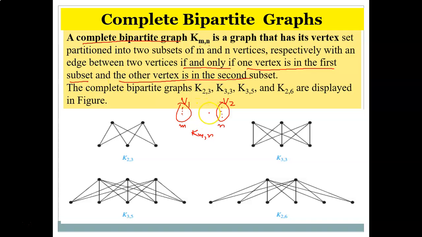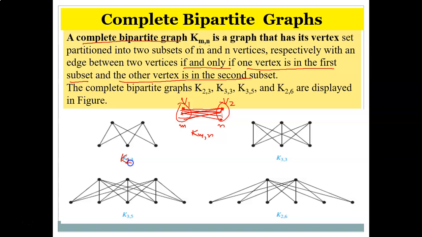In fact, in complete bipartite graph, if you understand in a simple language, each vertex of this V1 must be connected with each vertex of V2, and exactly in the same manner each vertex of this must be connected with each vertex in this set. That should be happening here.